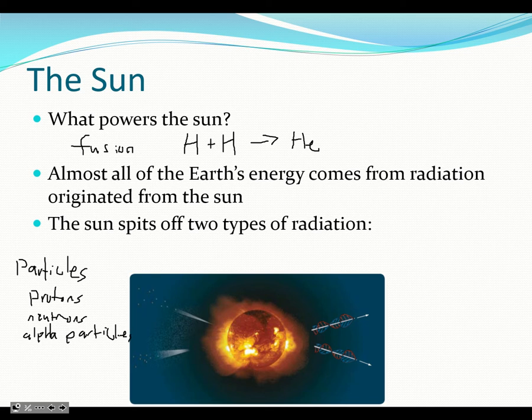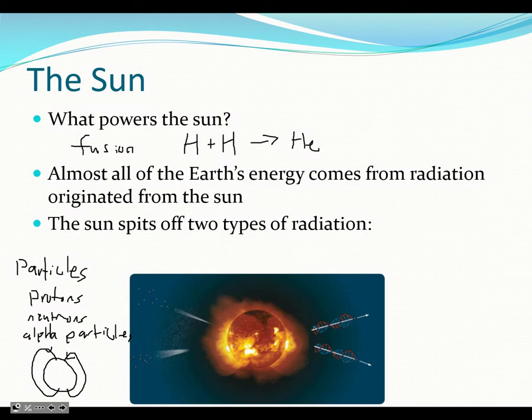So these particles come from the sun, but luckily remember that the Earth has that magnetic field around it. And because we have that magnetic field around it, it deflects these protons, neutrons, and alpha particles, so they don't harm us. And they go to the north and south poles where not many people live. So, well, where no one lives.